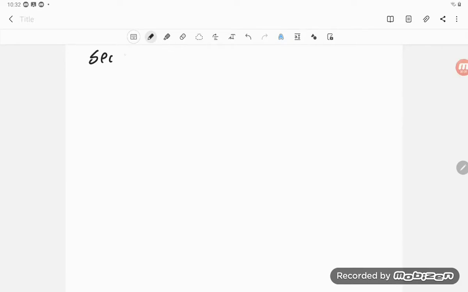This is section 6.2, and we're looking at theorem 6.2.1.